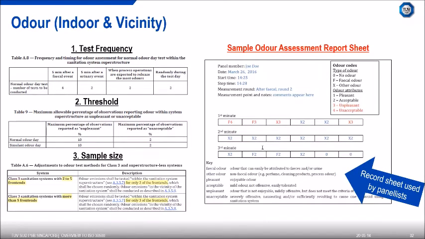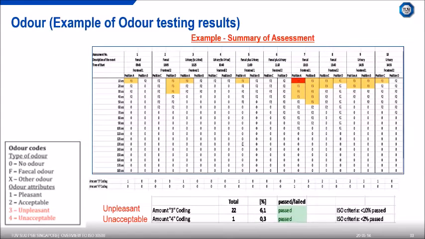Once all the tests are done, they'll go back to the lab to do a consolidation. As you can see on the table here, this is the tabulated results for the entire test. And then at the bottom here is the summed up results for 3, which is unpleasant, and 4, which is unacceptable.